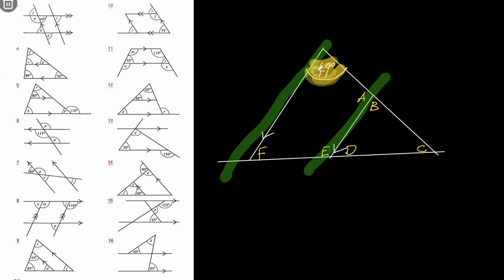It's on the what side? It's on the right. So whatever angle corresponds to it must be on the same parallel line, but on the right as well. So B corresponds, it's the same. You have to look for the same. So the answer is B. Everybody okay with that?